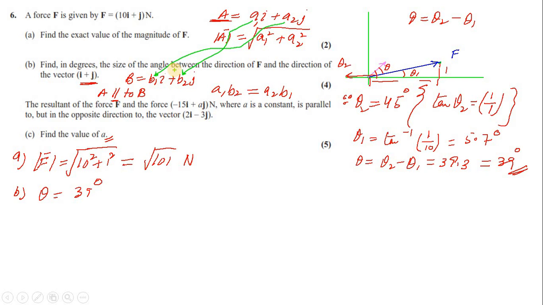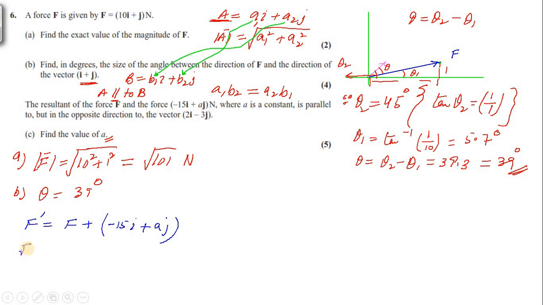So first we need to find the resultant of F and this vector. Let's call it F dash. So F dash would be equal to F plus minus 15I plus AJ.